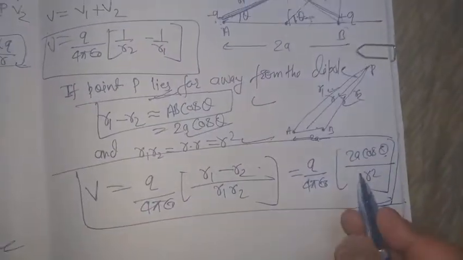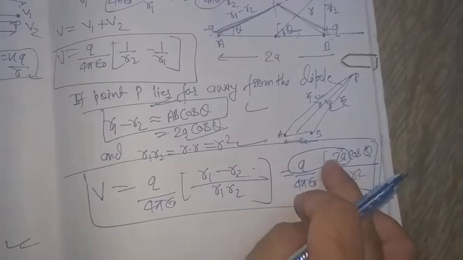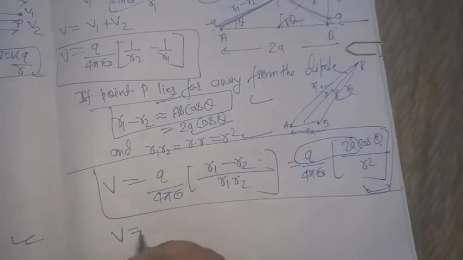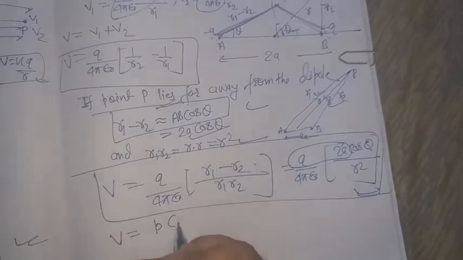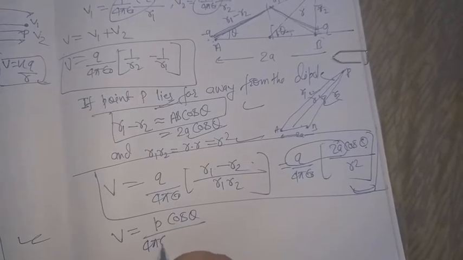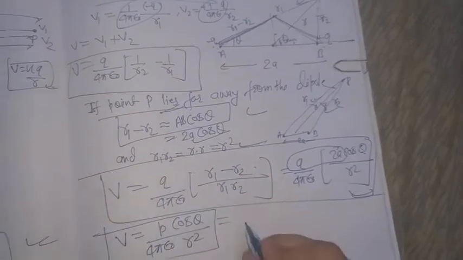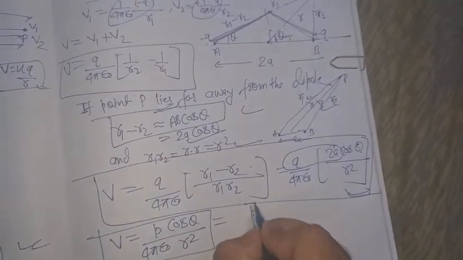Okay, so this term is p. You can also write it in vector form, that is p cos theta upon 4 pi epsilon naught r square. Now you can also write it in terms of p dot.